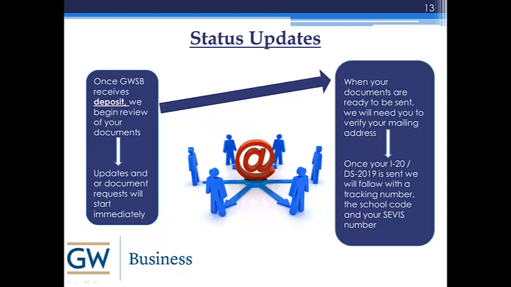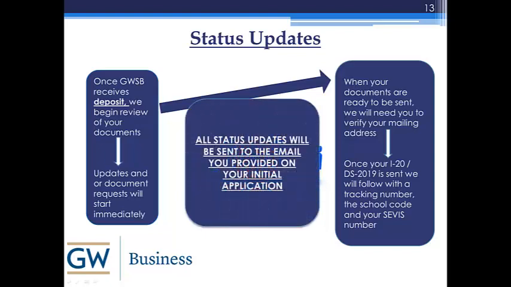Once your I-20 or DS-2019 is ready to be sent to you, we will send you an email requesting the address to which you would prefer it to be sent to. Again, this cannot be a P.O. box. Once your I-20 or DS-2019 is in the mail, we will follow up with a package tracking number, the school code, and your CVIS number. Please keep in mind that all status updates will be sent to the email you provided on your initial application.